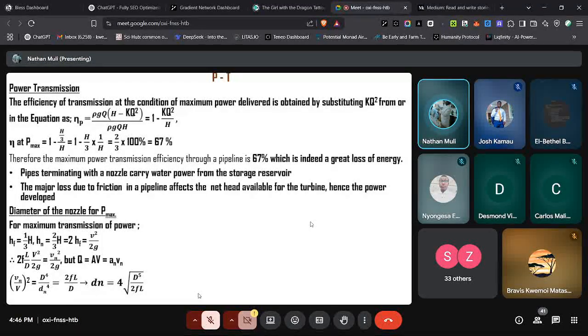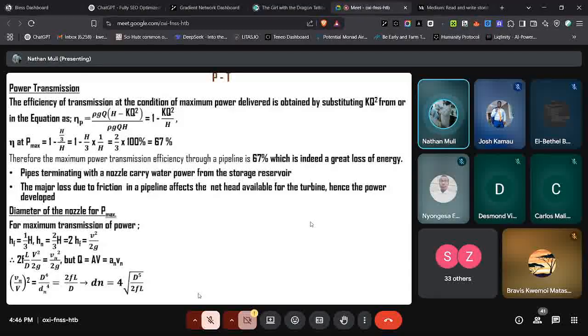But remember, your Q equals A times V, meaning the cross-sectional area of the nozzle times the velocity through the nozzle must give you the same Q because of the continuity equation.